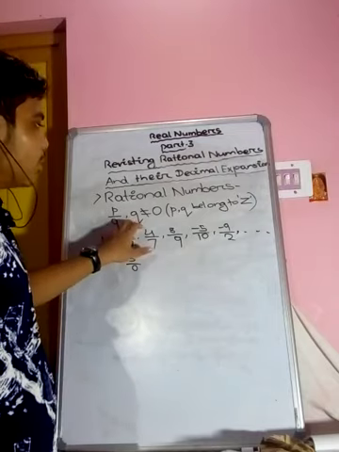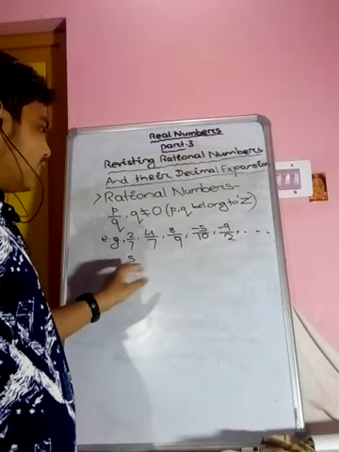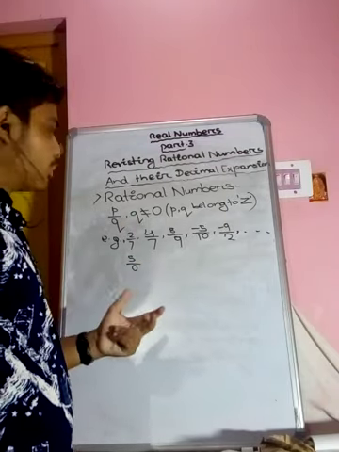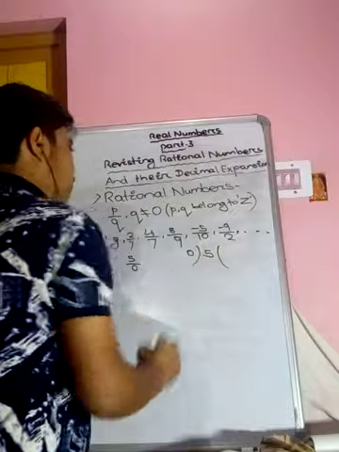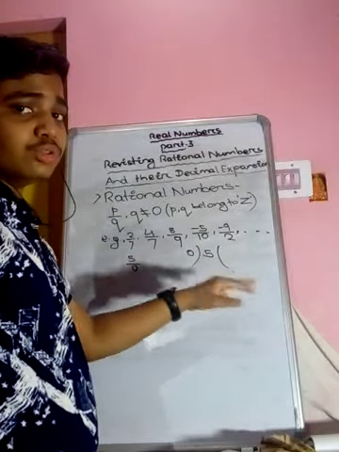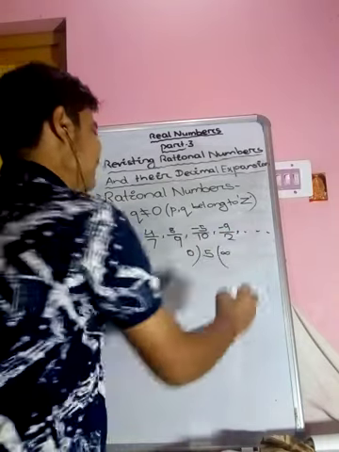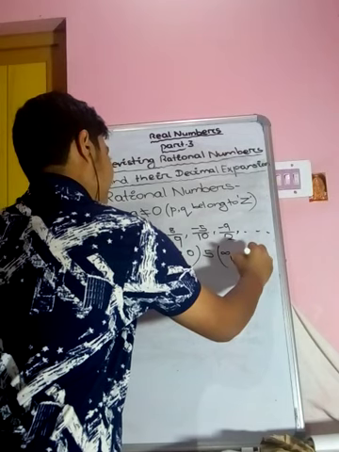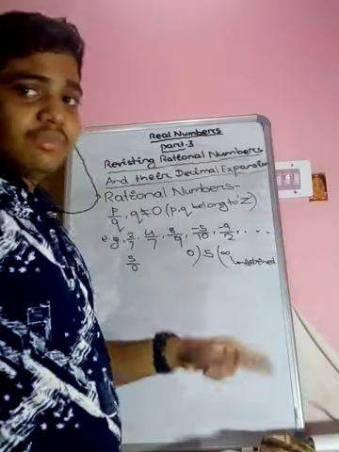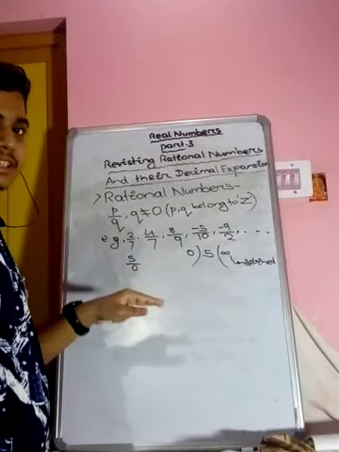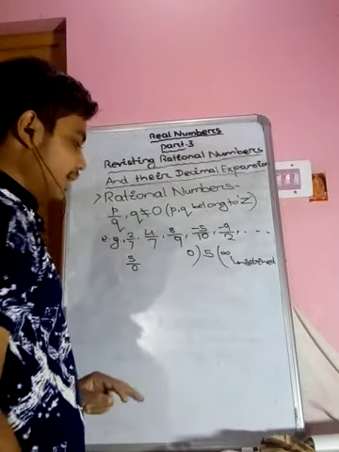No, because we have learned that q is not equal to 0. 5 divided by 0 cannot be a rational number, because if we try it by calculation, 0 into 1 is 0, 0 into 2 is 0, and so on, so this value is taken as undefined. So we cannot take 0 as the denominator of any rational number. That is why it is given that q is not equal to 0. Clear?